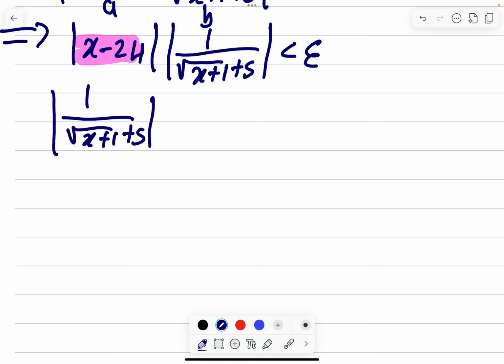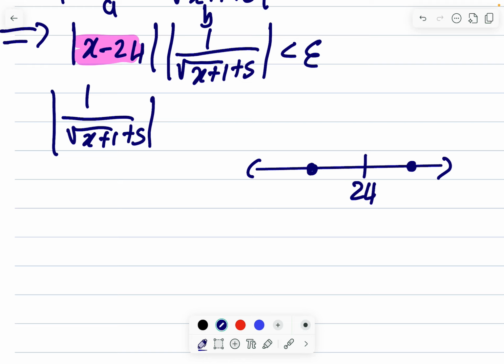So we have this graph. This is our 24. So we're going to check the numbers between 24 on the left and on the right. It means I'm going to have 23 here and 25 here.